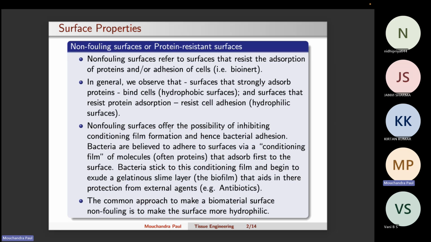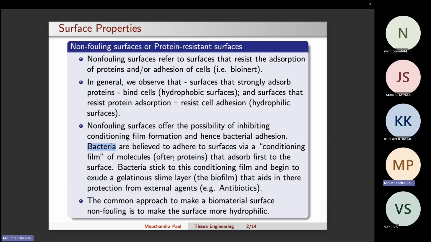Non-fouling surfaces offer the possibility of inhibiting the formation of a conditioning film and thus bacterial adhesion. Just like our mammalian cells need a protein layer adsorbed first, on top of which the cells adhere, similarly bacteria also interact with the surface via an adsorbed layer of protein. First, bacteria secrete some protein.